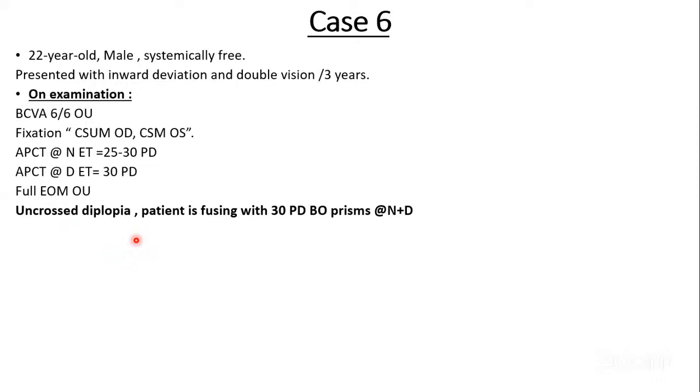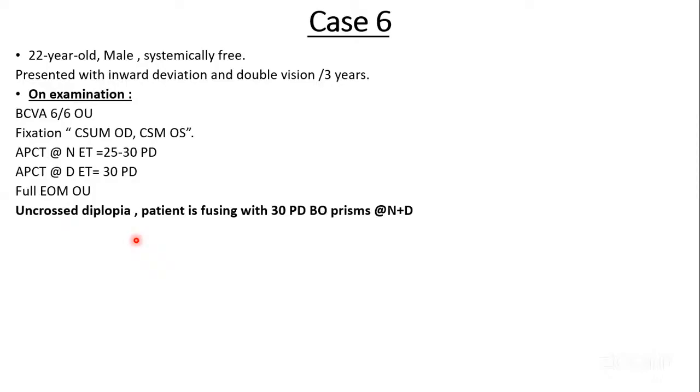Same side. Right. So if I put the red filter lens over the right eye, the patient will see the right image in a red color and the left image in a white color. So that is the uncrossed diplopia, which usually will present in patients with esotropia. And the crossed diplopia will happen in patients with exotropia.